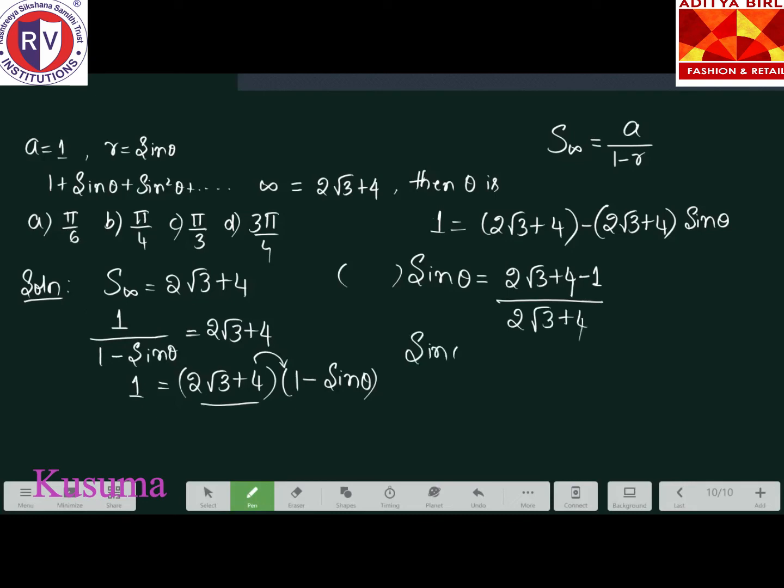So sin theta will be equal to 2 root 3 plus 3 divided by 2 root 3 plus 4. Okay. Now tell me how to further simplify this. How can we simplify this?